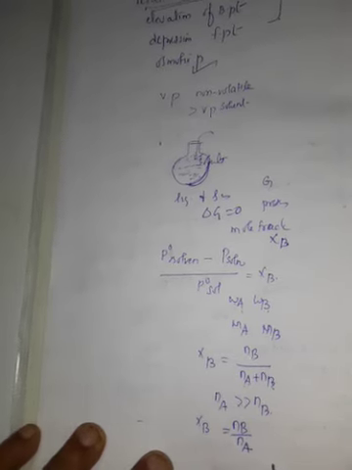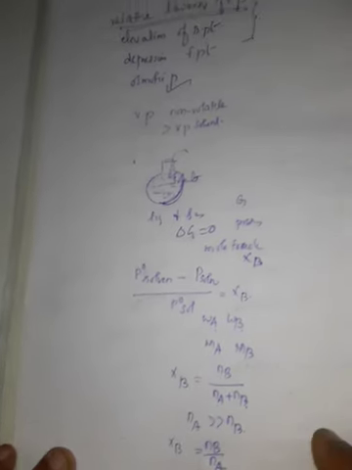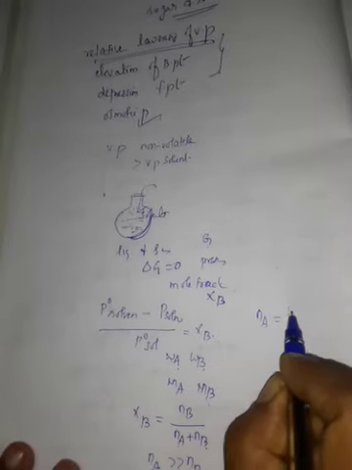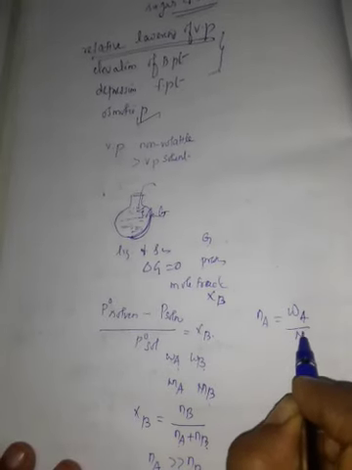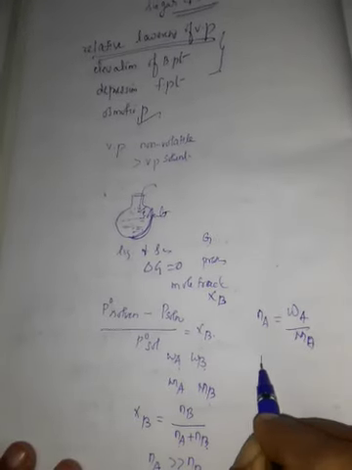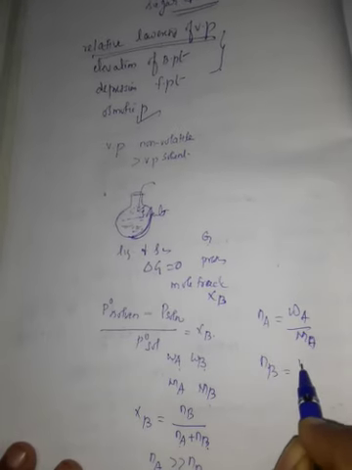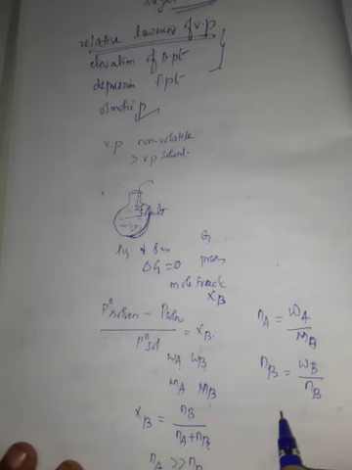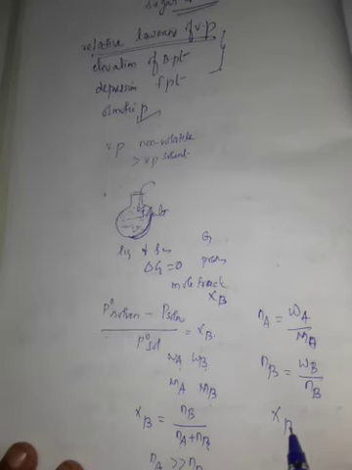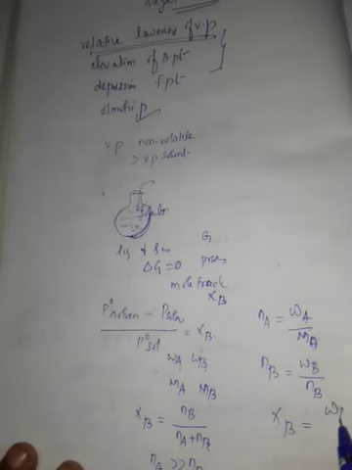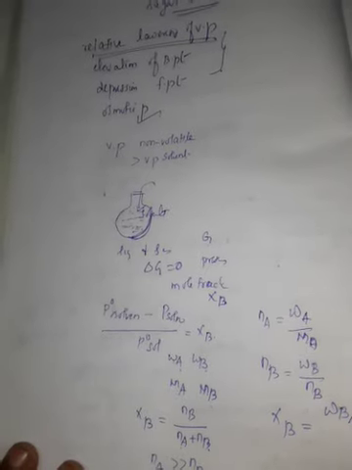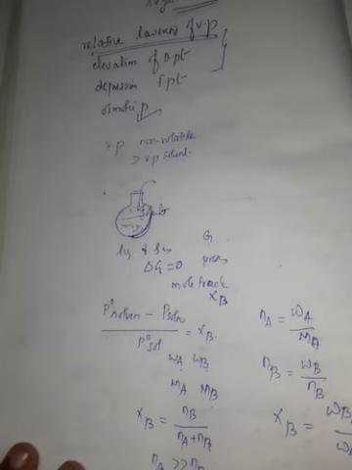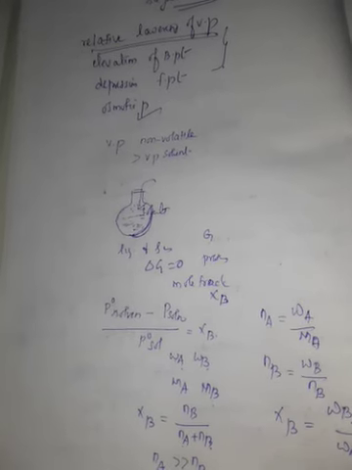The number of moles of solvent and solute are Na equal to Wa by Ma, and Nb equal to Wb by Mb. Therefore XB equals (Wb by Mb) by (Wa by Ma).